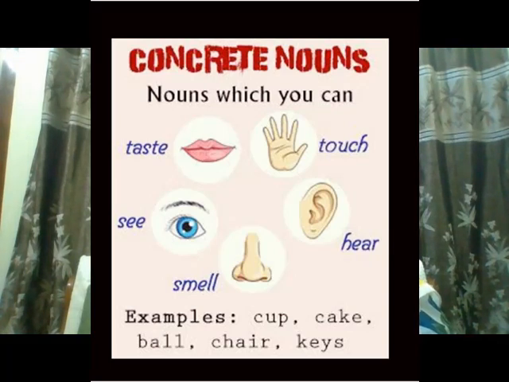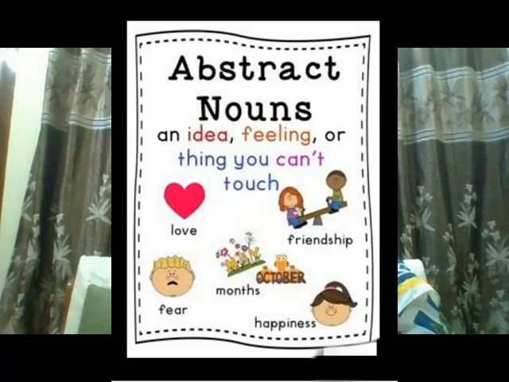And what is the fourth category? That means what is the fourth kind? That is an abstract noun. So, children, abstract noun is the opposite of concrete noun. Concrete noun you can see, but abstract noun you cannot see. It is just an idea, a concept, or a feeling which we are not able to see or touch.